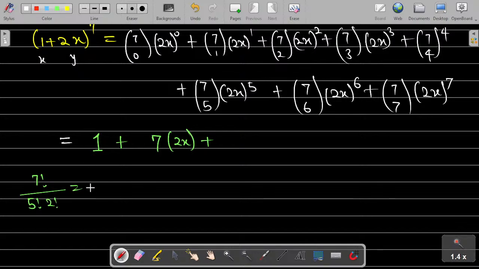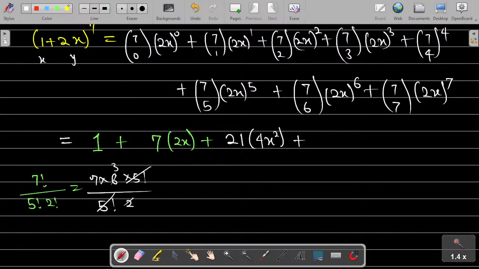So this is going to give us 7 times 6 times 5 factorial all over 5 factorial times 2. So this will cancel this, and then here will give us 3, which is 21. So we have 21 multiplied by 2x squared, which is going to be 4x squared. Yeah, 2x all squared will give us 4x squared.